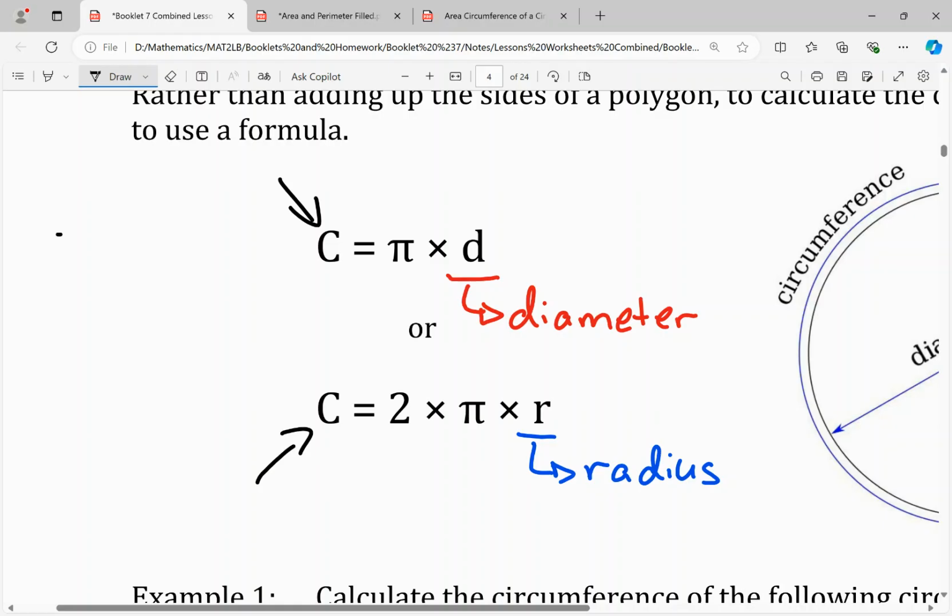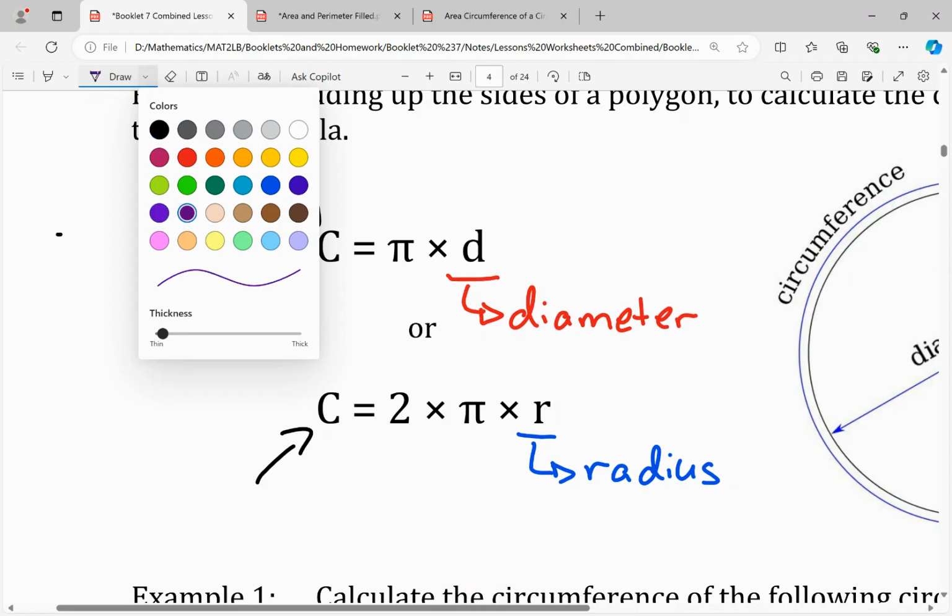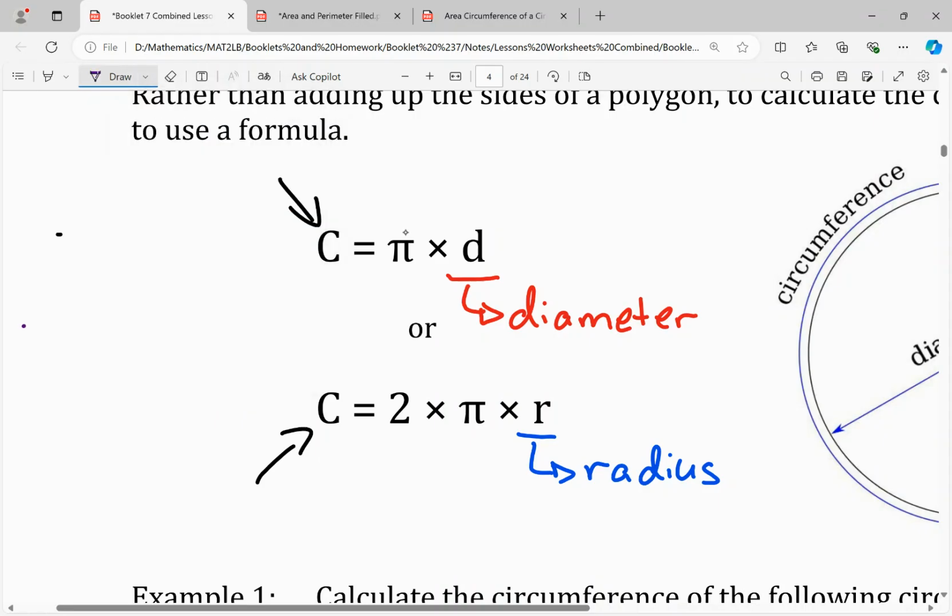So let's talk about each of them. The top equation takes this symbol right here, which we are going to call pi. Now, if you want to spell it, you spell pi P-I, no E.